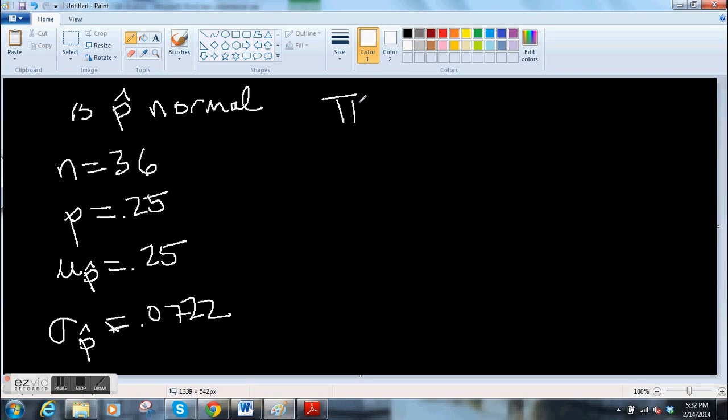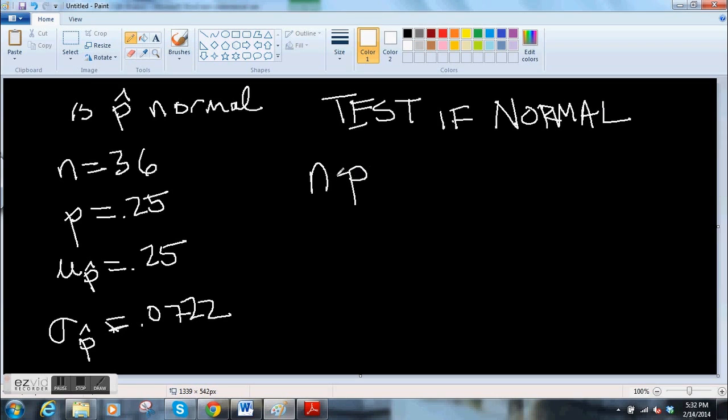So when they say describe the distribution, they're asking you to test if it's normal. And here's the test. You want to take n times p, and you want to see, is that bigger than or equal to 5?